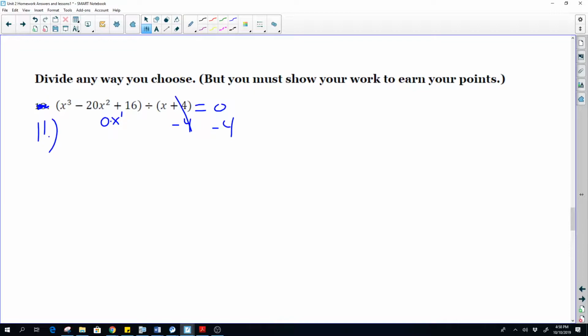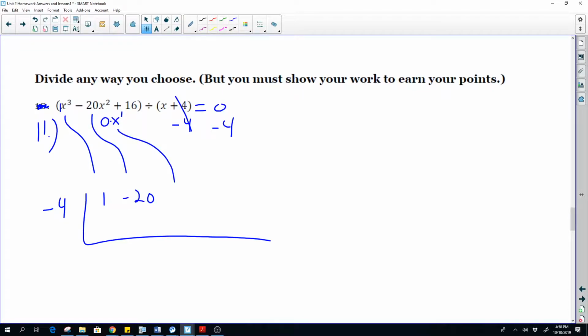So x equals -4, so we're going to bring that down, do an upside down house, and then from the x cubed, we'll bring down our 1. From the x squared, we'll bring down the -20, and then don't forget to bring down a 0 placeholder, and then bring down our 16. Don't forget the placeholder because there is no x to the first power there. So remember, first step, bring down the 1. Now we'll do -4 times 1, which is -4.